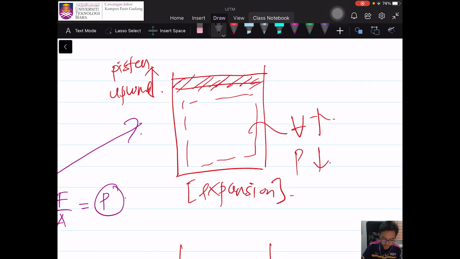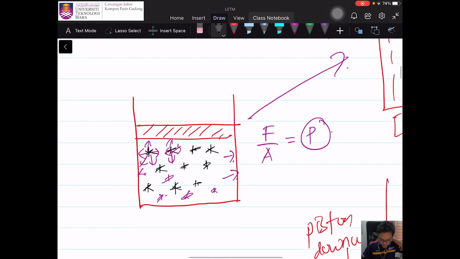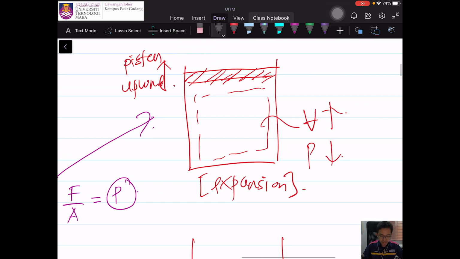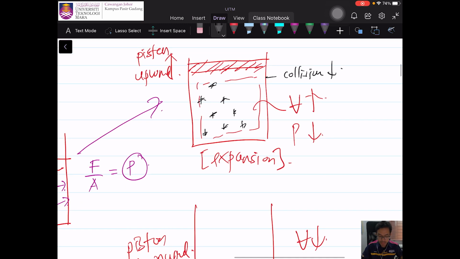If you go into this picture right now, every particle here, if we increase the volume, the mass is still the same, but the distance between the molecules will be higher. So the collisions are also reduced, because there is slightly less contact between the molecules, particles or atoms of the gas. It's not the same as the compression.